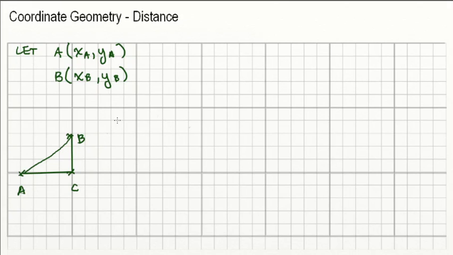So let's just talk about going from C to B. So that's y of B minus y of C. In the previous example, we just did the difference of the heights. What about AC? If we do AC, we will get x of C minus x of A.